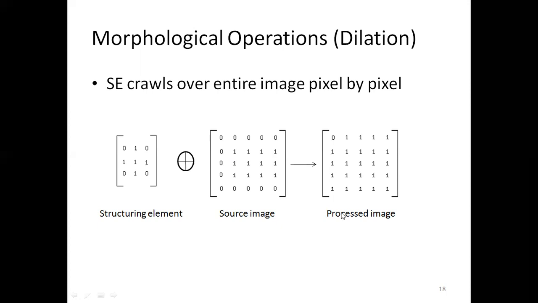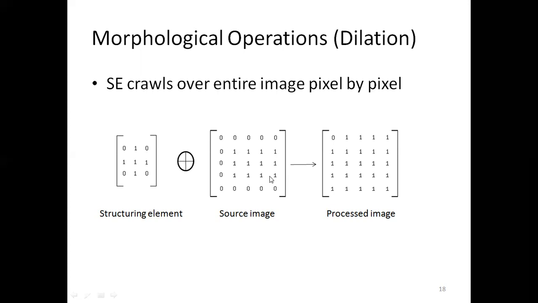If we compare the source image with the processed image, we can see the number of ones has increased. These are the boundary pixels, and these pixels are now marked as 1. These are again boundary pixels, also marked as 1.